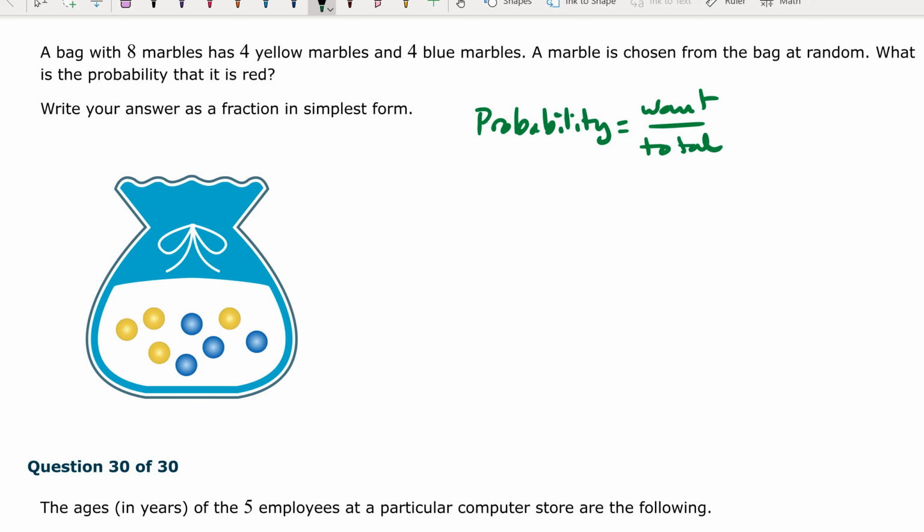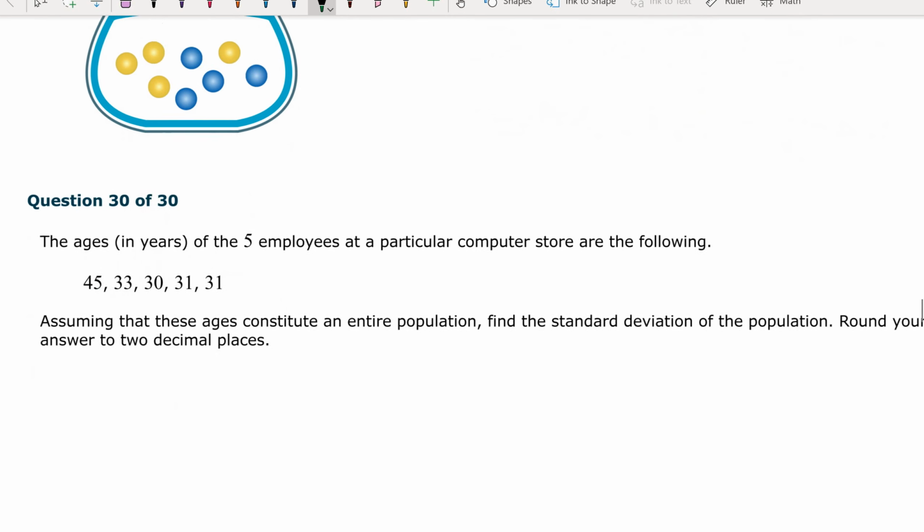You want to pull out a red marble, but there are no red marbles here, so there are 0 favorable outcomes out of a total of 8. The chance is 0 to get a red marble. That's it for number 29.